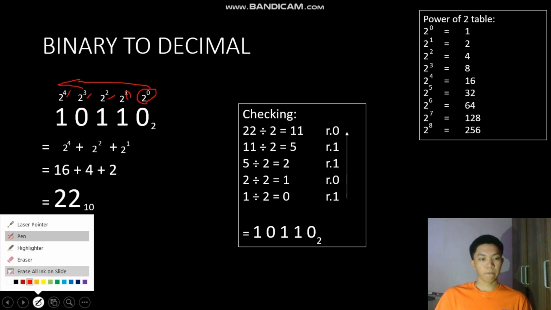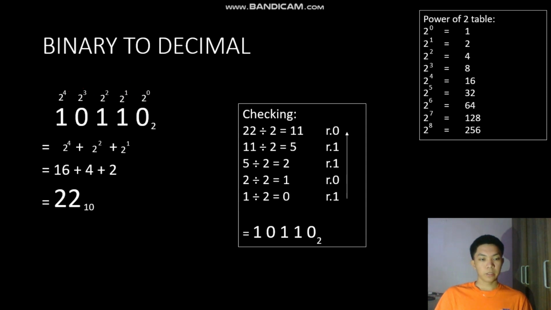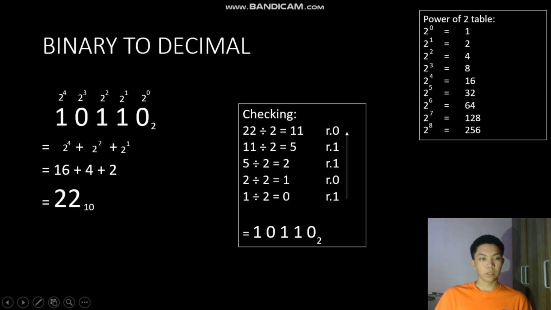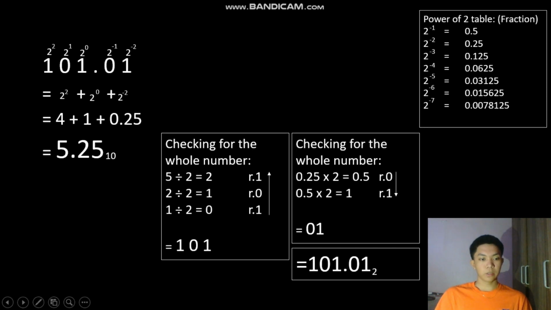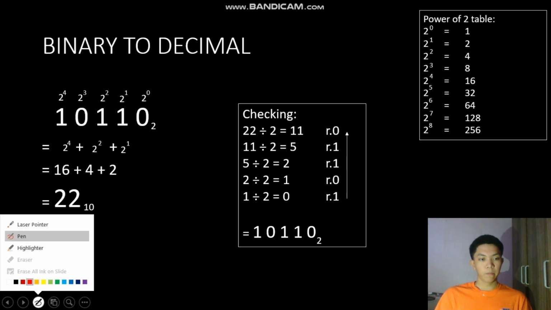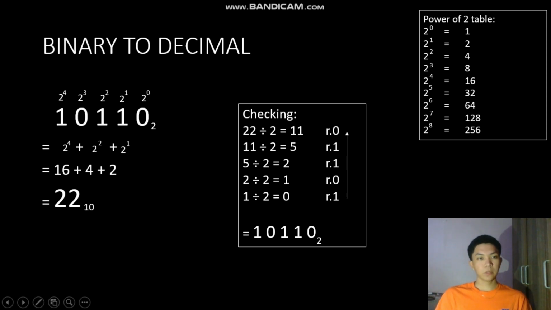So since we have 0, and this is an off state, we can invalidate this. So just erase this. Okay.